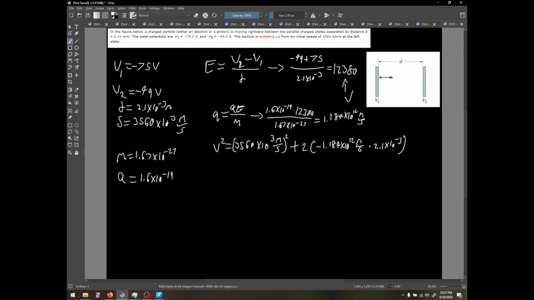And then we're going to square root this. And then we're going to divide by 1000. And I'm kidding. Can you guess it? 3559.3. I hate this.